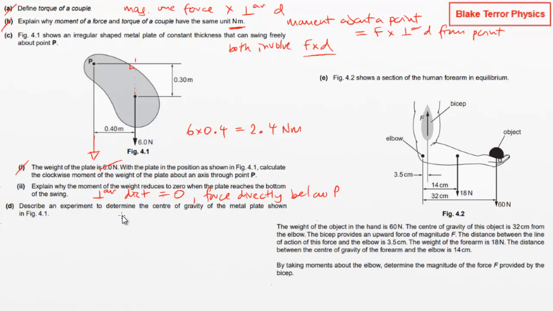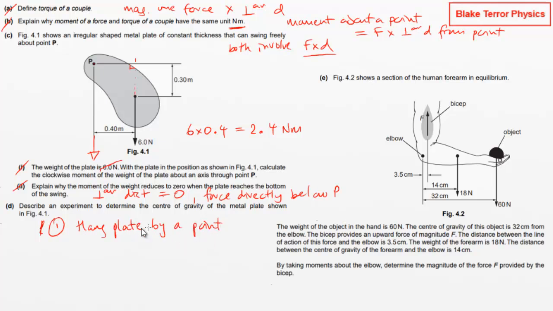Describe an experiment to determine the center of gravity of the metal plate shown in figure 4.1. Okay, so we need to say what we're doing and what we're making the measurements with. So first of all, hang the plate by a point. Any point, doesn't really matter which one it is.